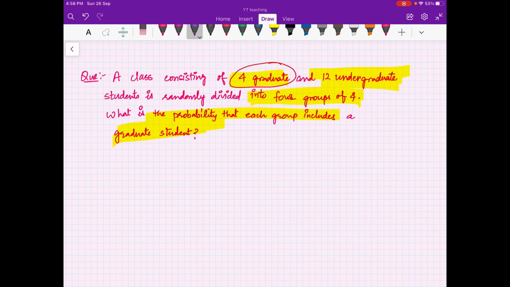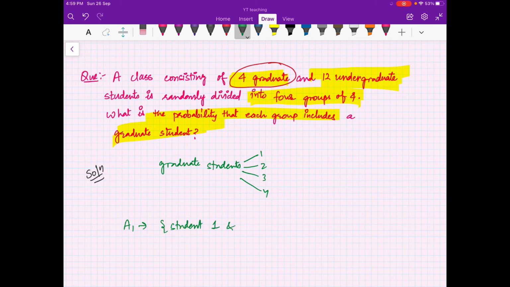Here you see what you will do. You can assume that your event A1 is, let us just mark our graduate students. Suppose you mark your graduate students as student 1, 2, 3 and 4. So we are saying event A1 is that student 1 and 2 are in different groups.